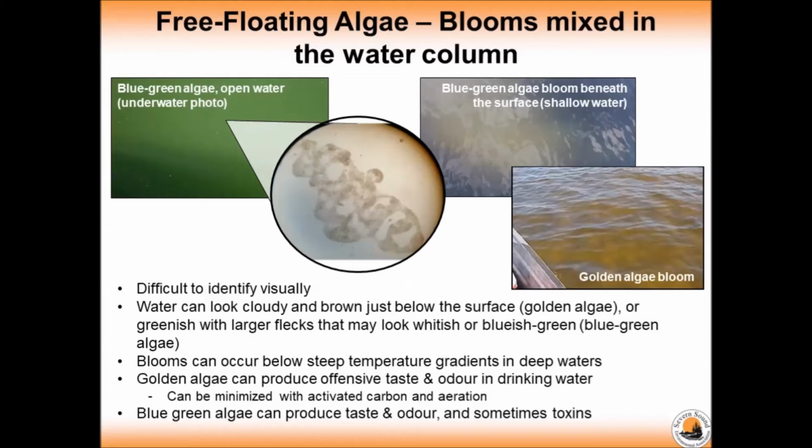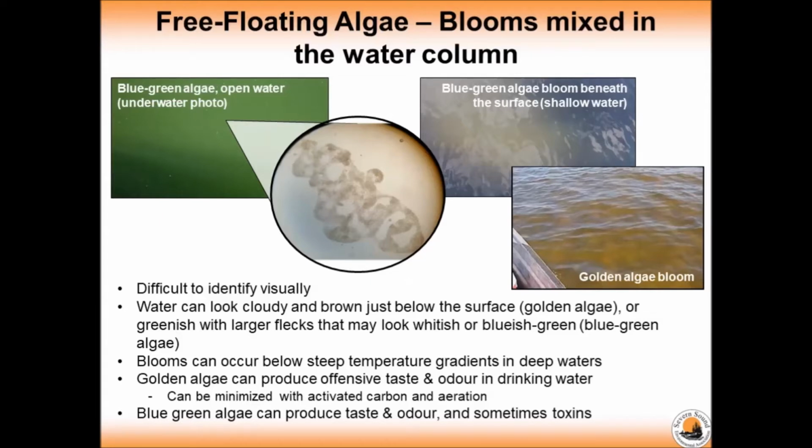And these types of blooms can also often occur below a really steep temperature gradient in deeper water, so you might not actually see it if it's further down in the water. The golden algae in particular can produce some of these taste and odor compounds in drinking water, which can actually be minimized if you are using lake water for drinking purposes and are treating it and still finding that there's some noxious taste there.